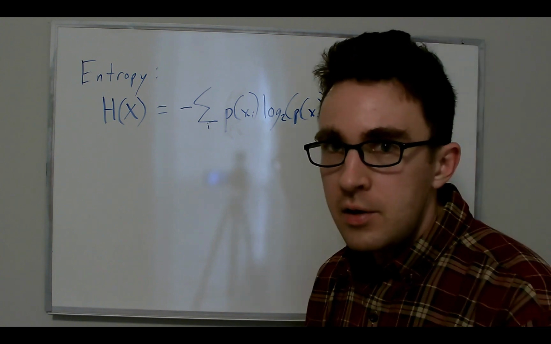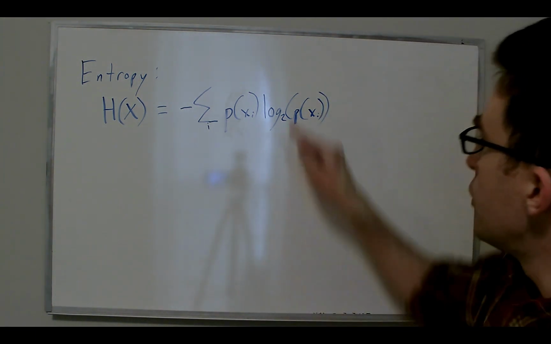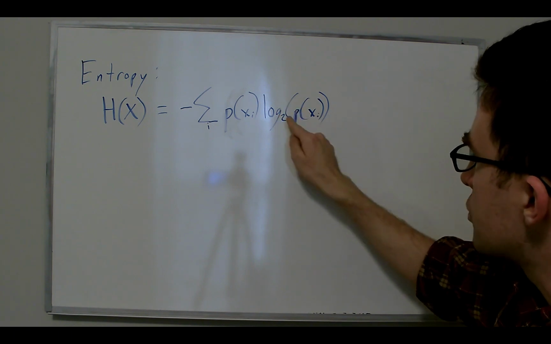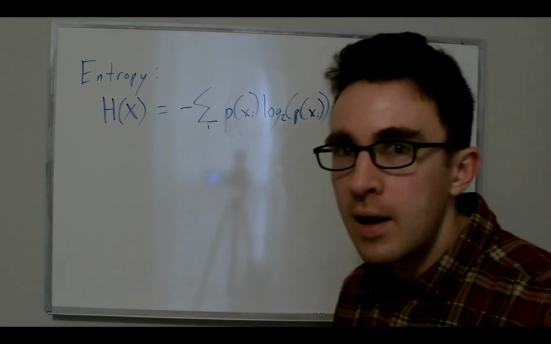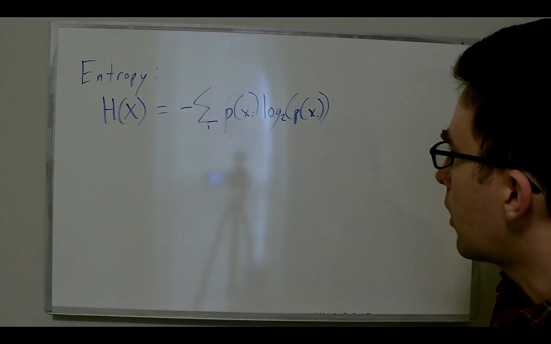The way this function is set up is that when you take the log base 2 of the probability, you're going to get a negative number unless the probability is 1.